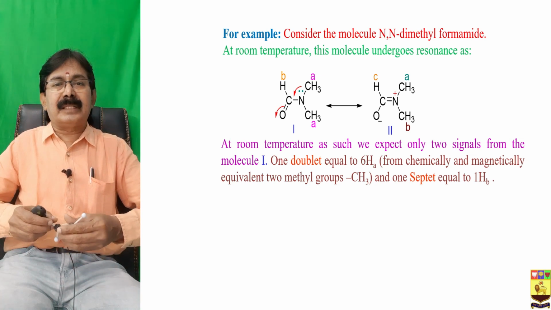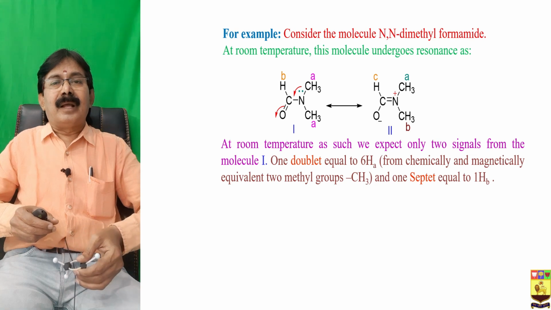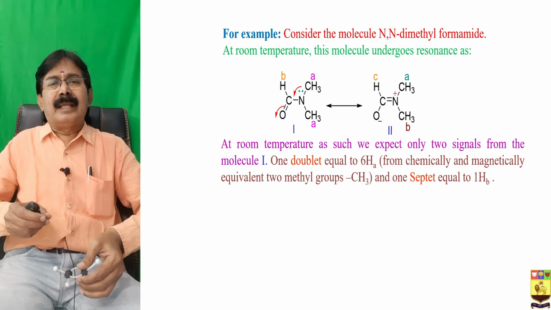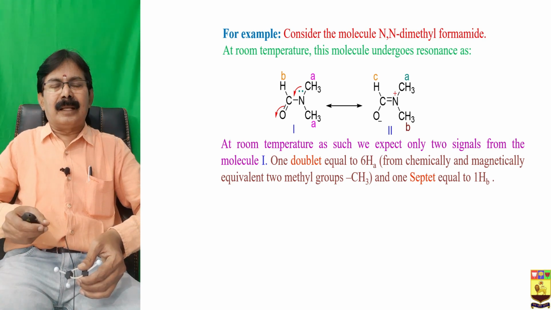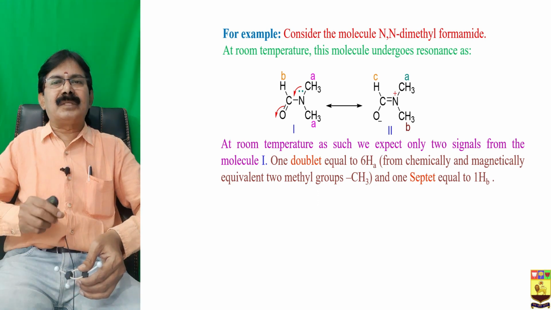Because of single bond rotation, they are in the same chemical environment. We can say they are chemically and magnetically equivalent. They have the same chemical shift and couple with the proton B at the same magnitude.